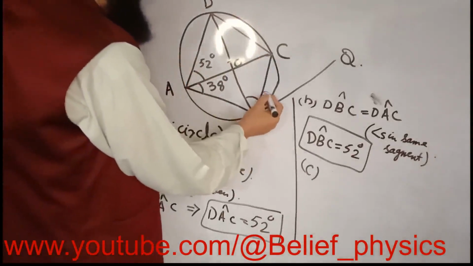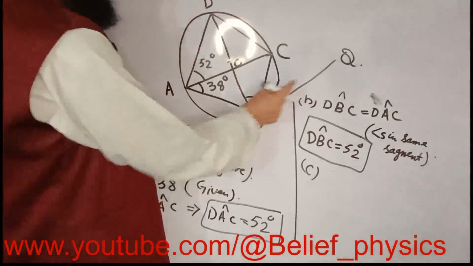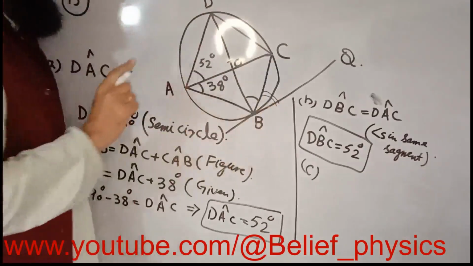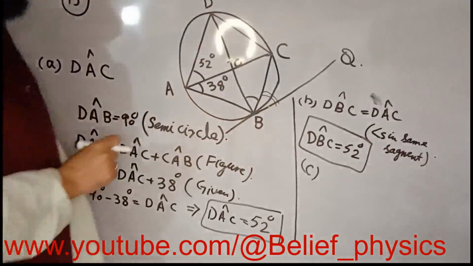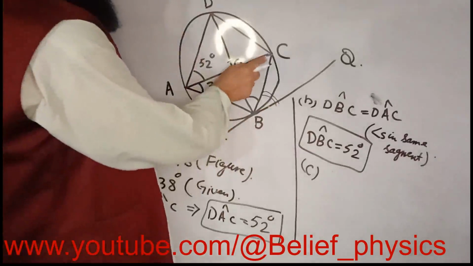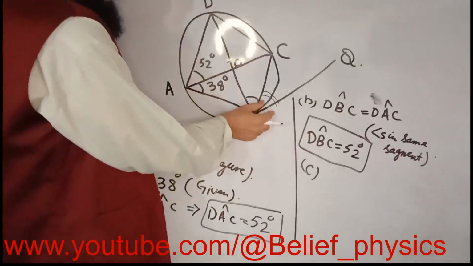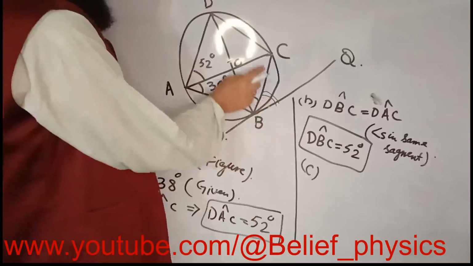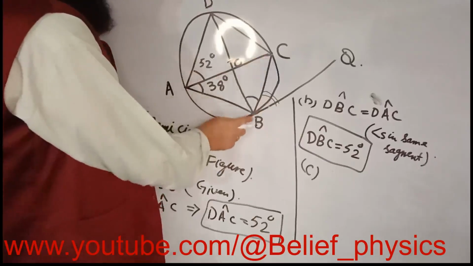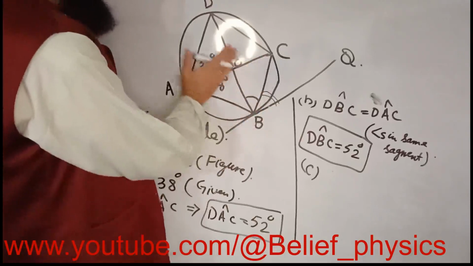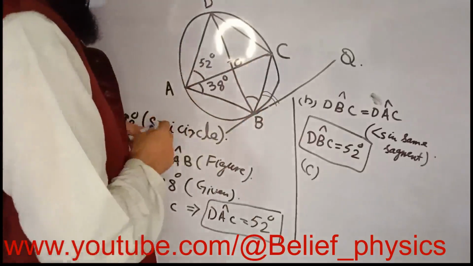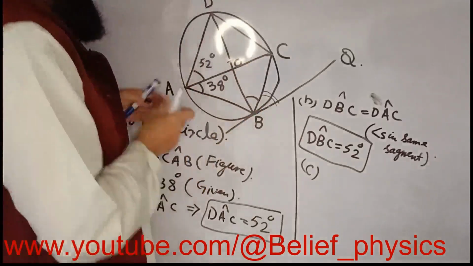This is the alternate segment theorem. The alternate segment theorem says that the angle made by any chord with a tangent will be equal to the angle subtended by that chord in the alternate segment. Now, how to find the alternate segment?